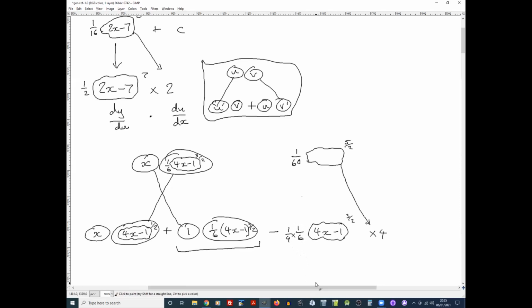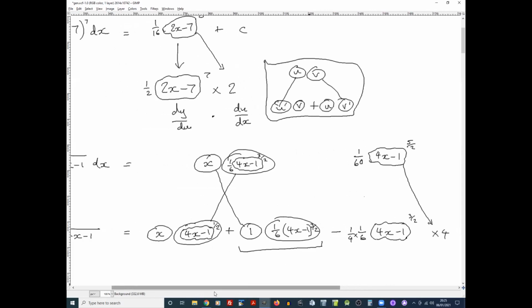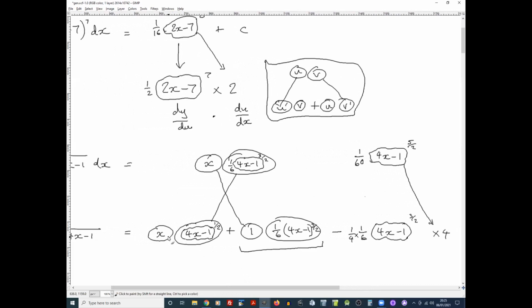And wait, the 1/60th 4x minus 1 5/2 that we've just done, is that subtracted from the rest? Exactly, well done. So you're seeing the big picture here, which is that what we're trying to integrate is the whole of the bottom row, because so much of it cancels.